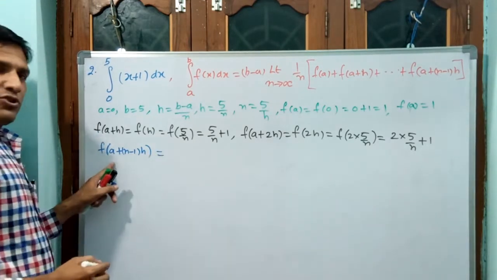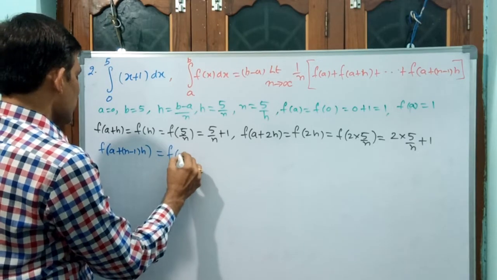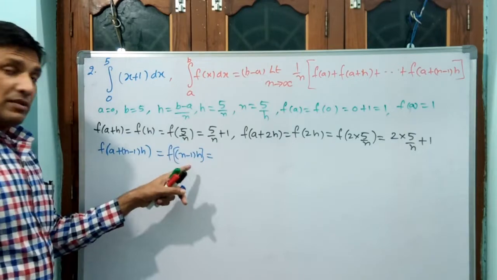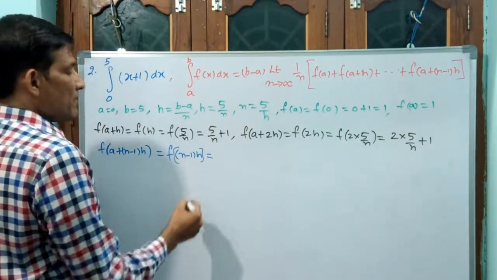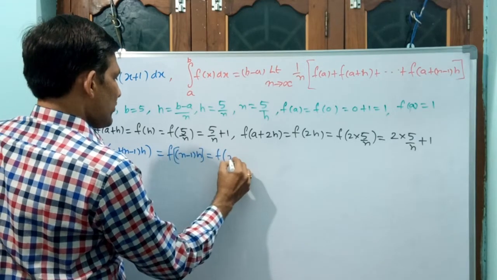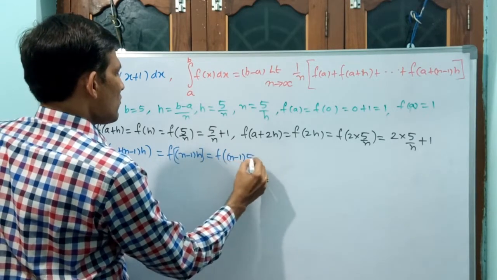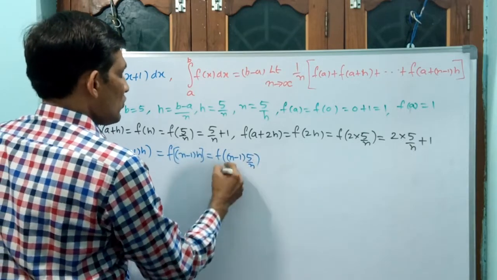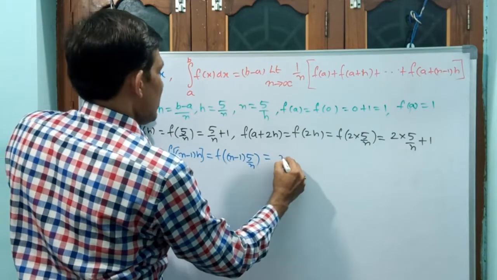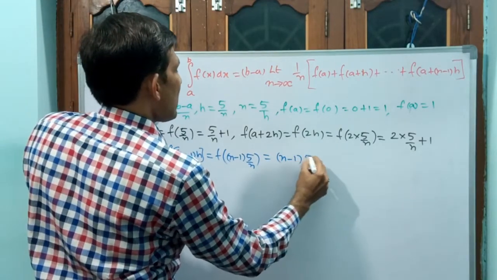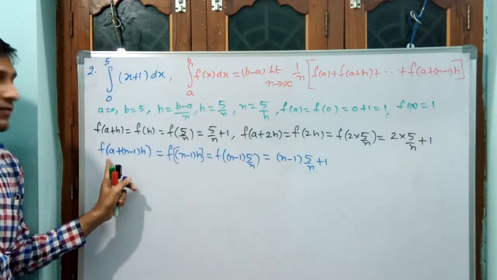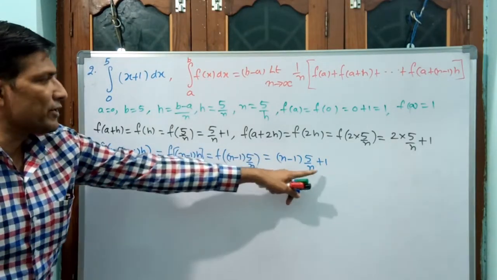Since a is 0, naturally it becomes f of n minus 1 into h. But h is 5 by n, so f of n minus 1 into 5 by n, and the result is n minus 1 into 5 by n plus 1. This is the f of a plus n minus 1 into h value.